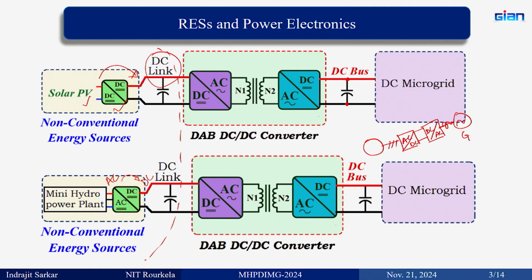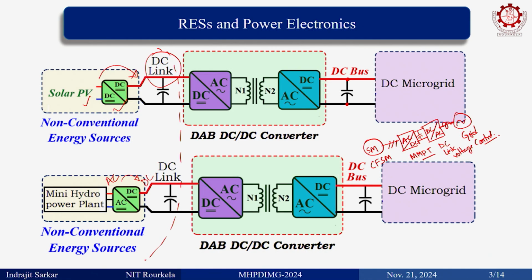This is the grid and this is the machine, a converter fed synchronous machine. Here I told you that this converter will be doing MPPT and this converter will do DC link voltage control. MPPT and DC link voltage control.